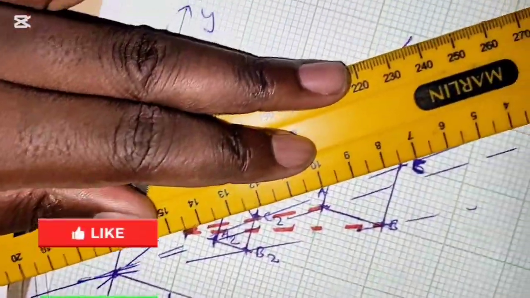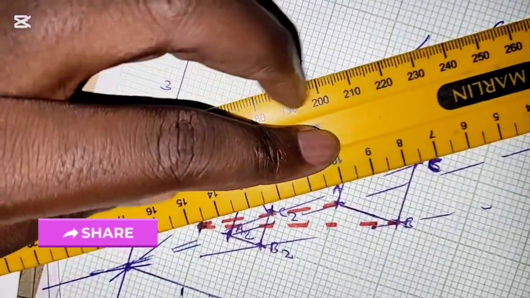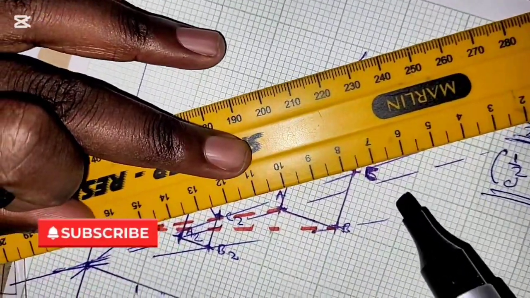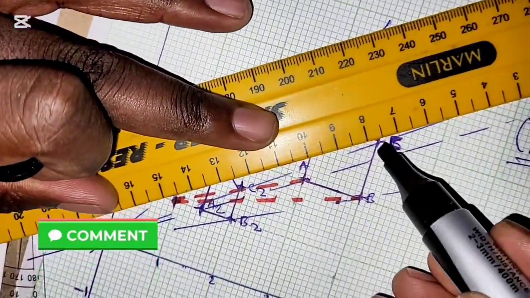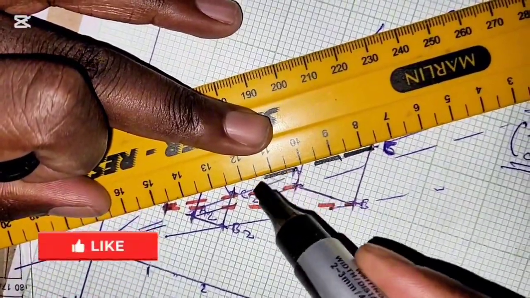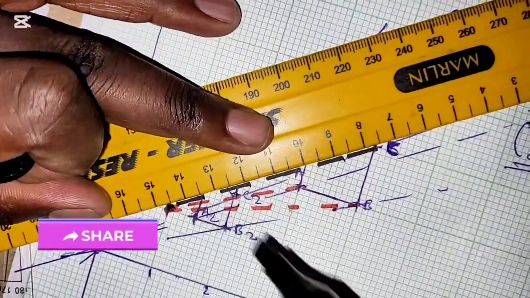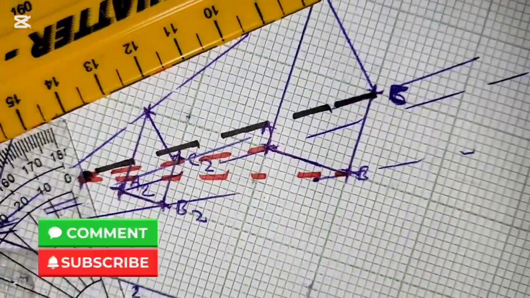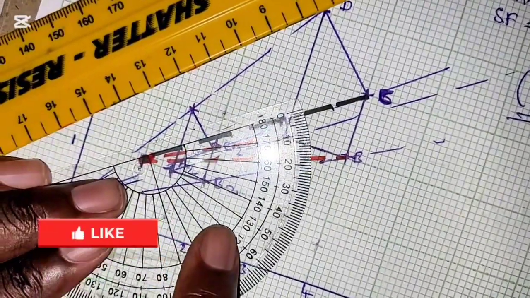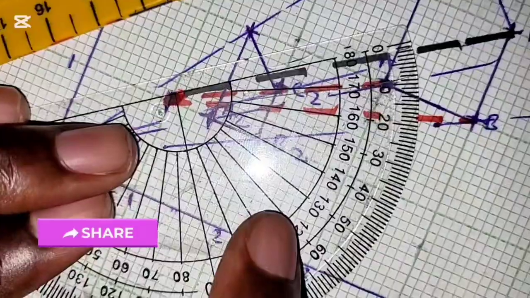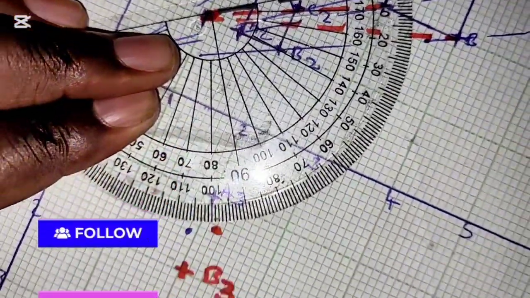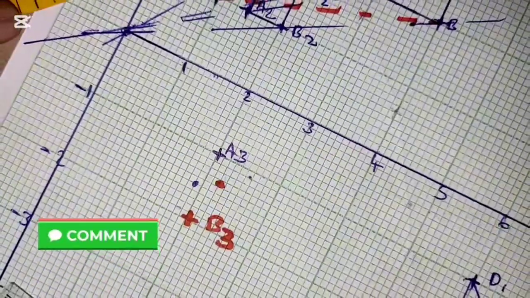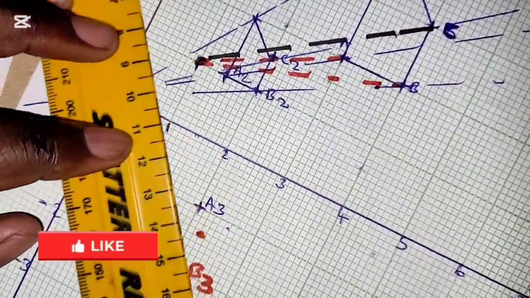C to the center. Let me use a different marker. Okay, I'm going to use the black one. Okay, the center. So I'm going to rotate it. I'll take my protractor and align it from the center, to this side. So 90 degrees is somewhere here. I'm going to mark. Then my ruler is going to guide me.